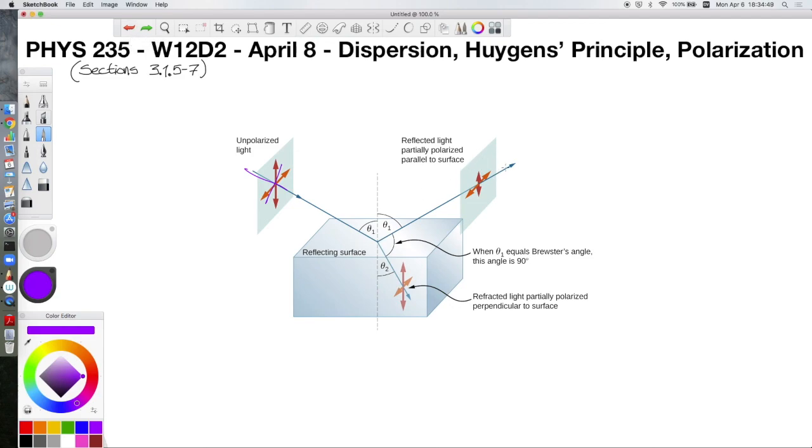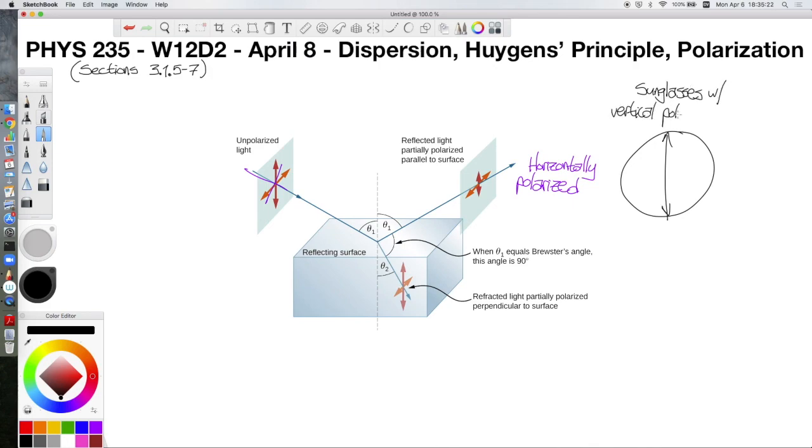Coming off of this reflection, we have light that is horizontally polarized. So if we have sunglasses with a polarizer axis that is vertical, most of that reflected light will be blocked out by the polarizer that is our sunglasses.